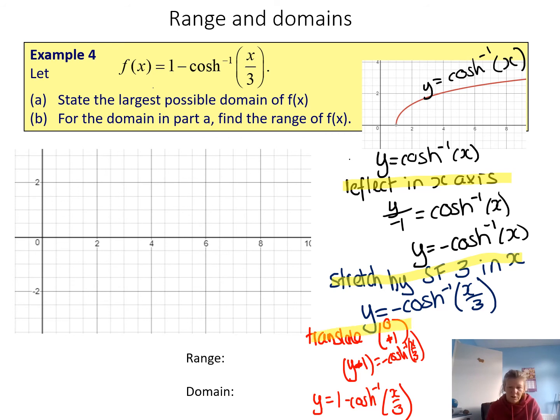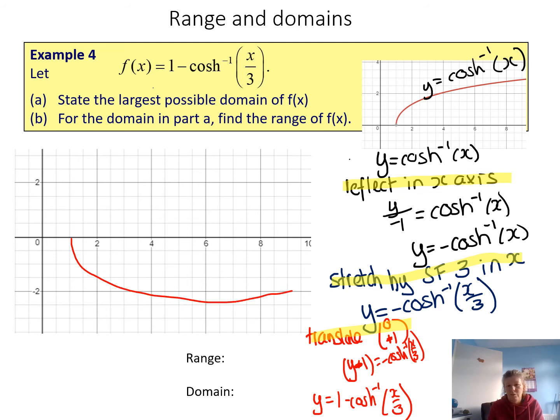So reflecting that in the x-axis, we'd have that graph.